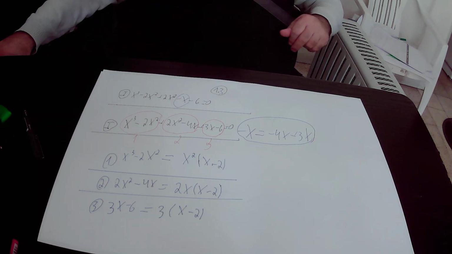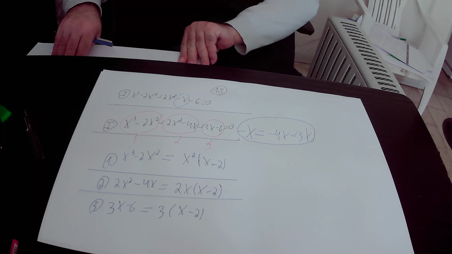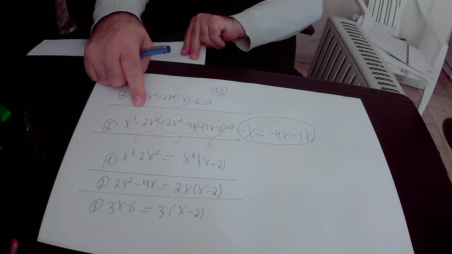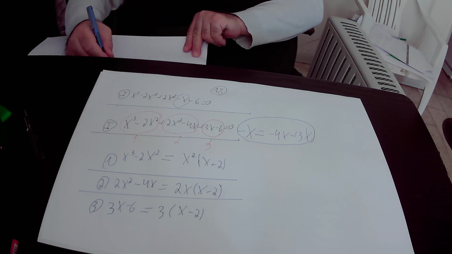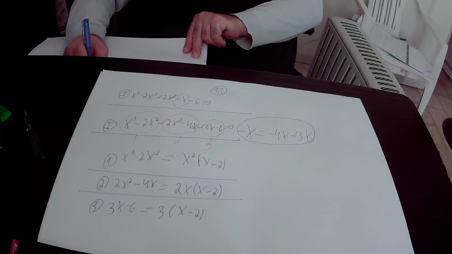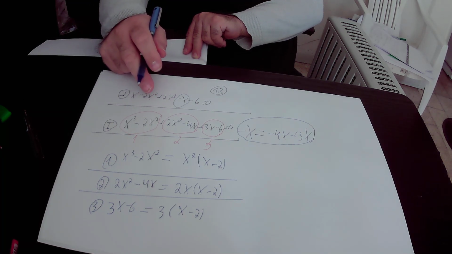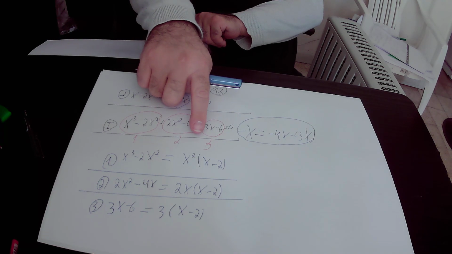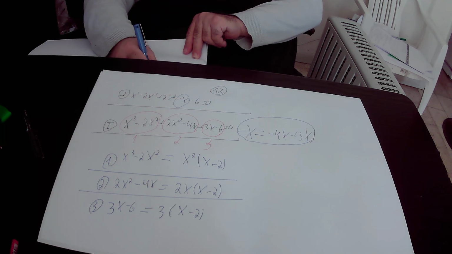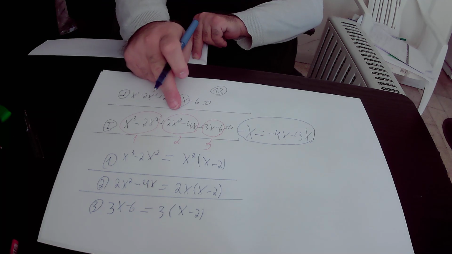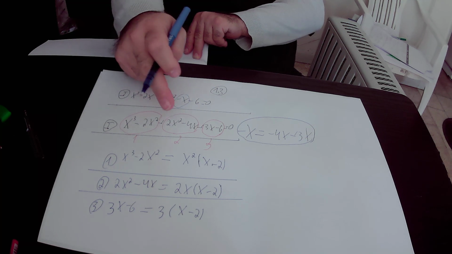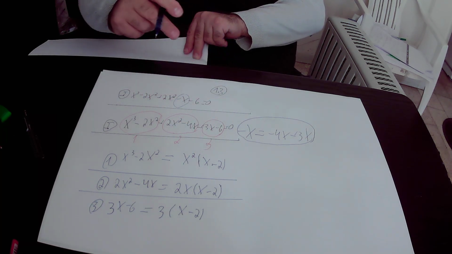Okay? So we will substitute expression number 1, x cubed minus 2x squared, by x squared times x minus 2. Then we will substitute expression number 2, 2x squared minus 4x, by 2x times x minus 2.